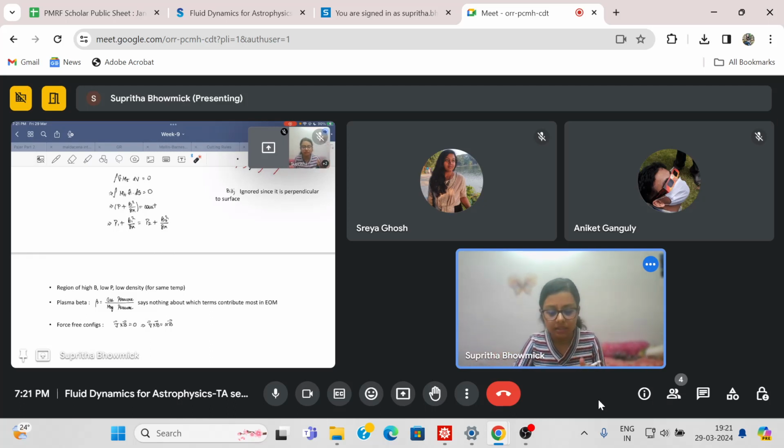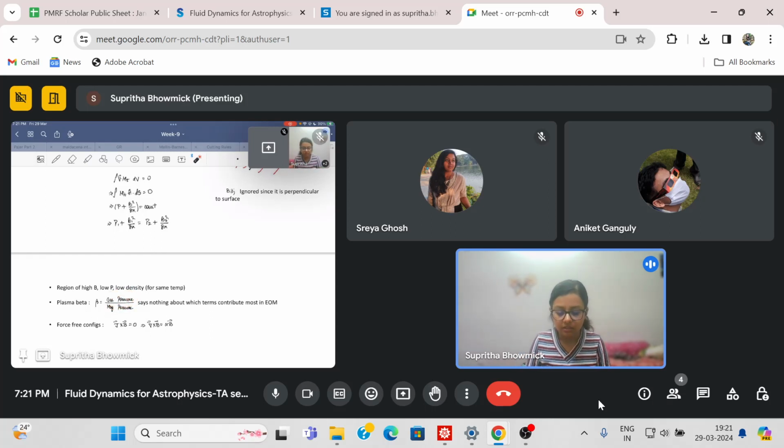So this ratio tells you nothing about which contribution is more important, and you can't simply drop the Lorentz force term if beta is much larger than 1. Beta larger than 1 just means that the gas pressure dominates over the magnetic pressure.